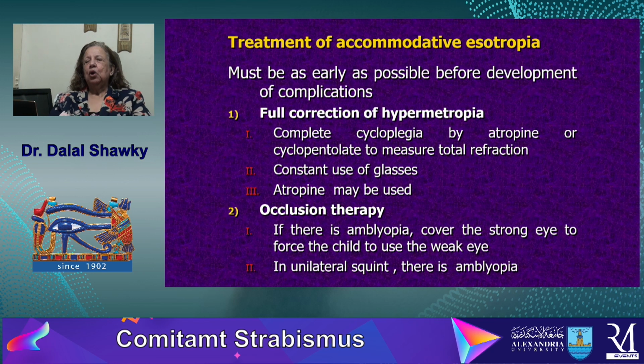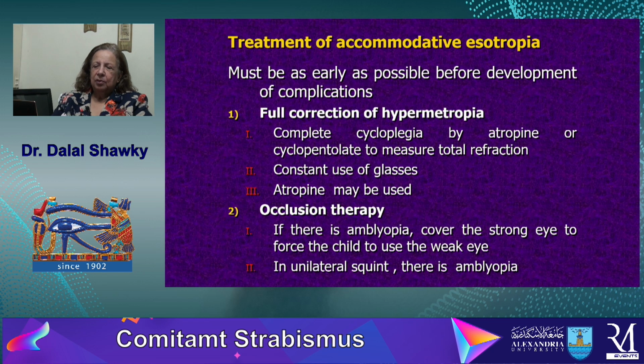Glasses means full correction of hypermetropia, by doing complete cycloplegia with atropine or cyclopentolate. Now all the cases are examined with cyclopentolate eye drops to detect the full cycloplegic refraction and give it in constant use of glasses.